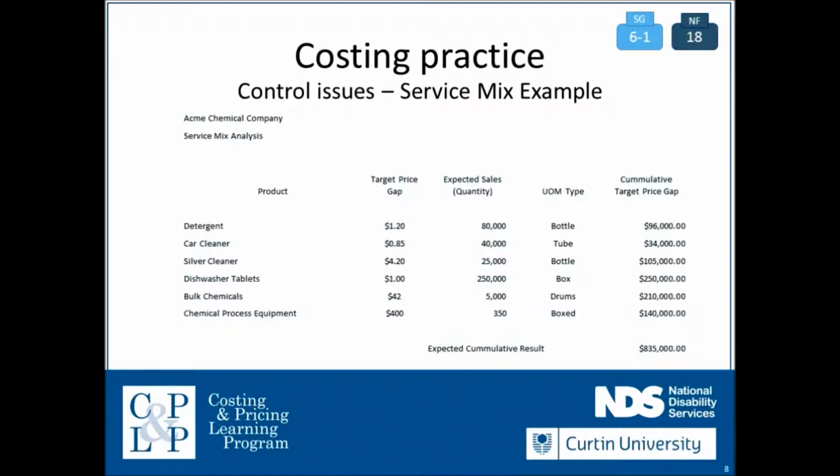Of course, it could be different for a disability service organisation where it might be that the target price gaps are all negative, but we are working towards closing that gap by agitating for more funding and advocating, but also by increasing efficiencies of our organisation, which were discussed in the prior webinar.